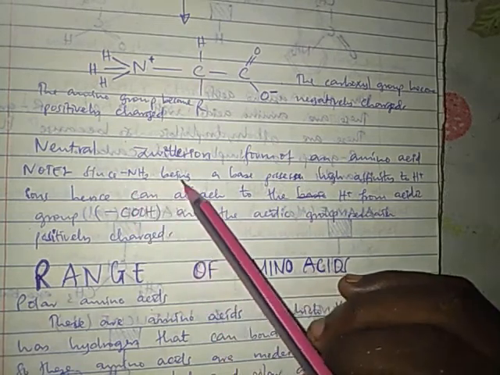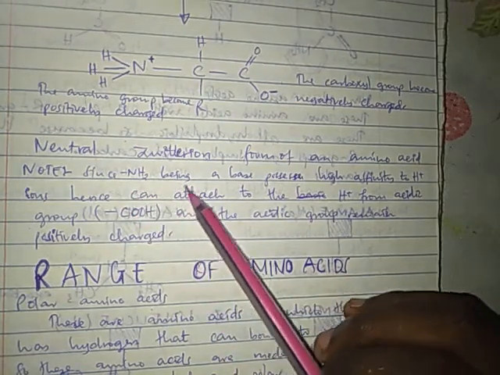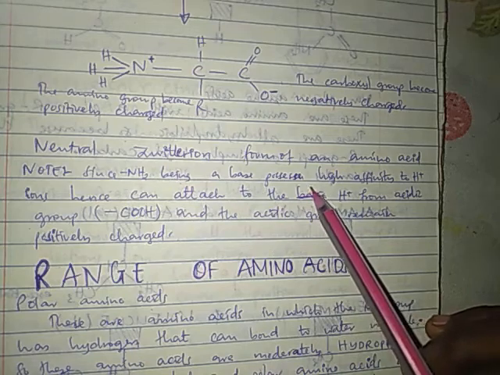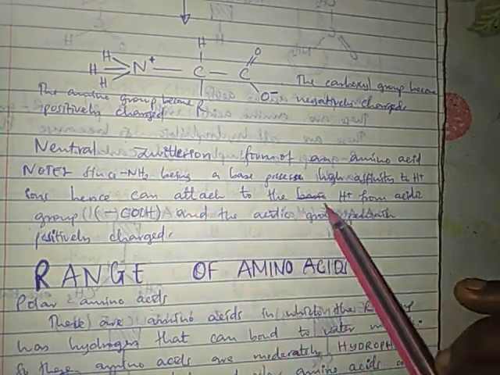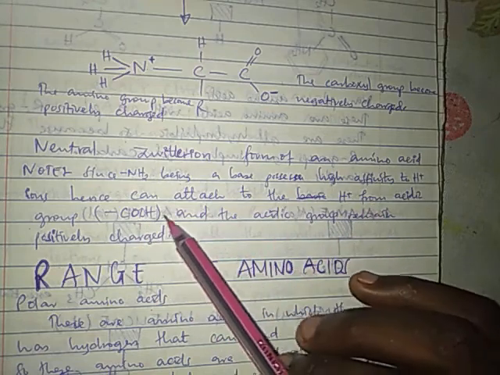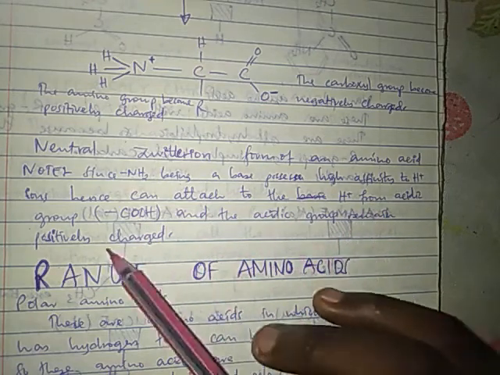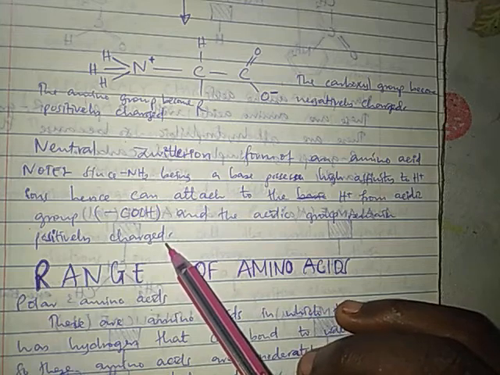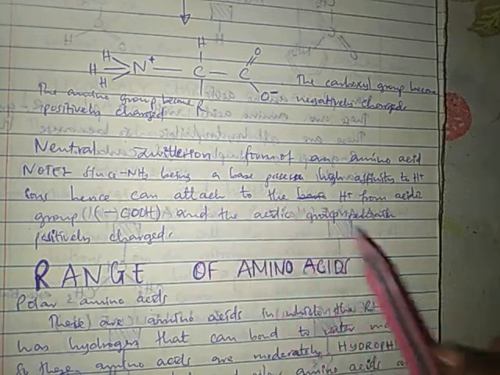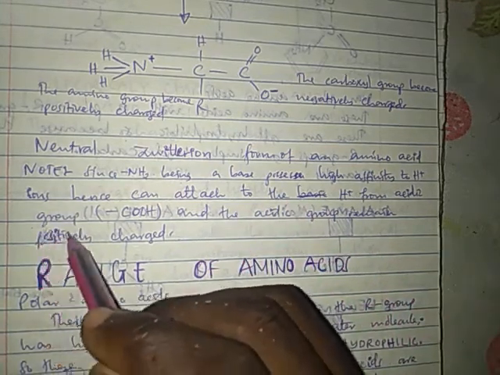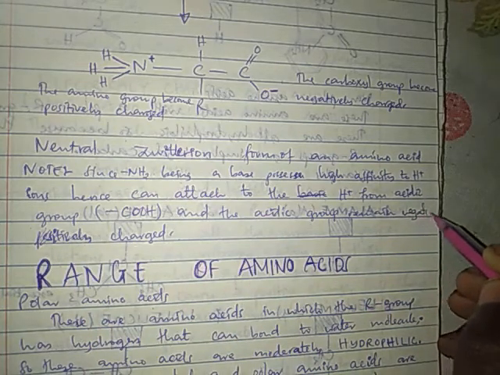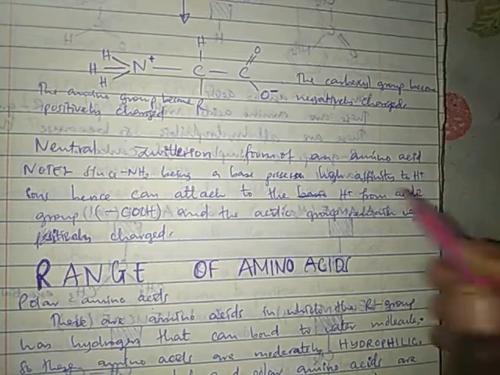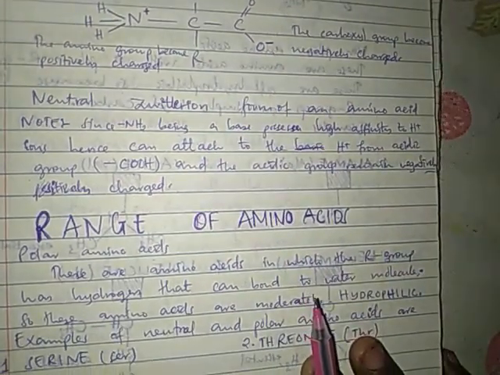Note, since this amino group is a base, it possesses high affinity for hydrogen ions, hence it can attach hydrogen ions from the acidic group, and the amino group remains positively charged. The acidic group remains negatively charged. This is not positively, this is negatively charged. So it is like how it is seen here in this diagram.